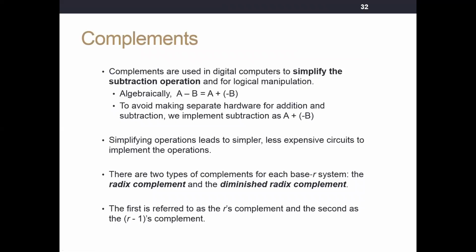When we represent numbers in their negative form, we don't have to make separate hardware. If we needed hardware to perform addition, a plus b, and separate hardware to perform a minus b, it takes up real estate on our chip. In other words, on a computer chip, an integrated circuit, we use more transistors to create separate circuits.